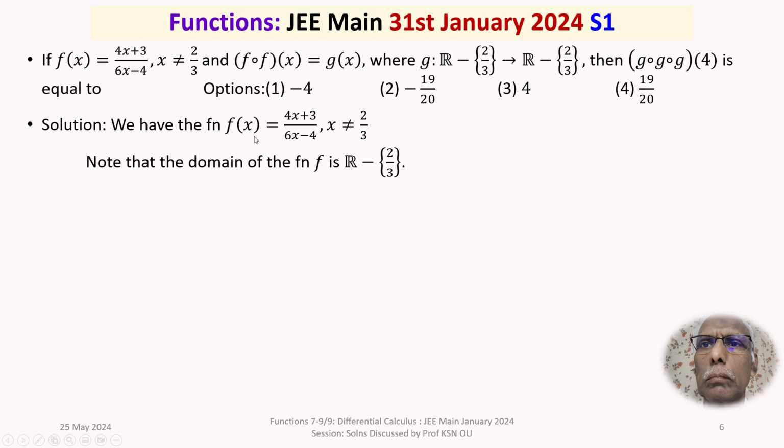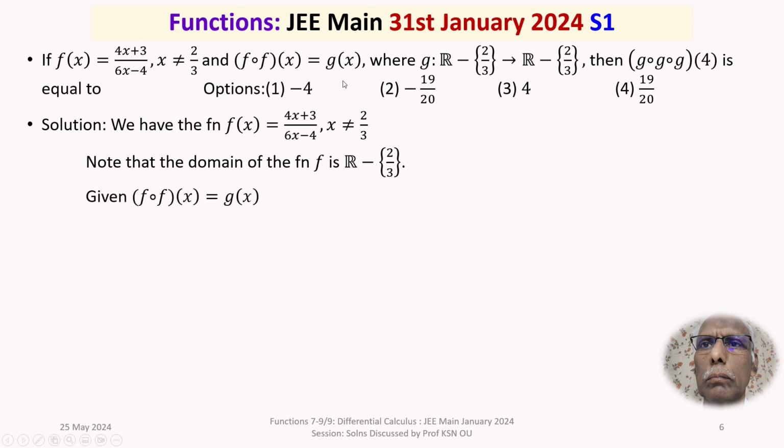Because for every x, f of x is defined except for that point where 6x minus 4 equals 0. When 6x minus 4 equals 0, that will give you x equal to 2 by 3. So the domain of this function is R minus the singleton set consisting of 2 by 3.